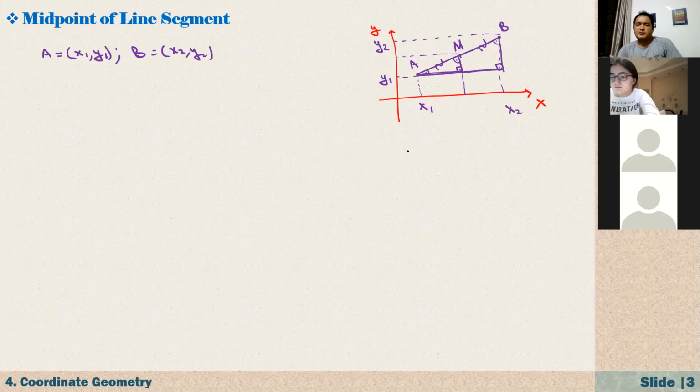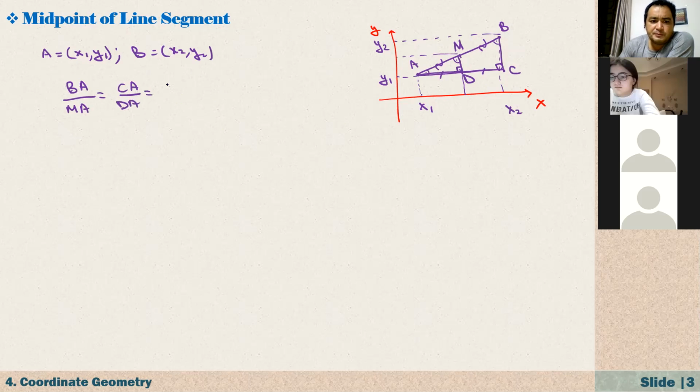Number two, since M is the midpoint, this point must also be the midpoint of these sides. That means the big triangle is twice as big as the small triangle. So we have this relationship: BA over MA is equal to, let me call this one C and this one D, CA over DA.